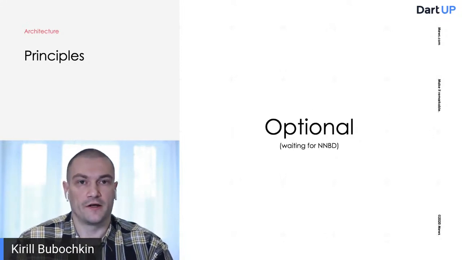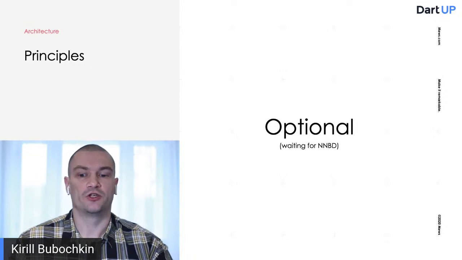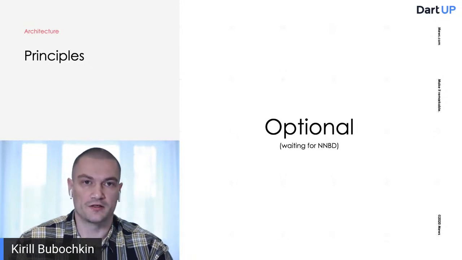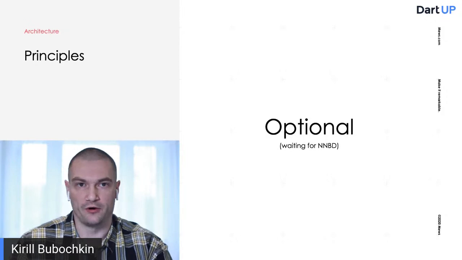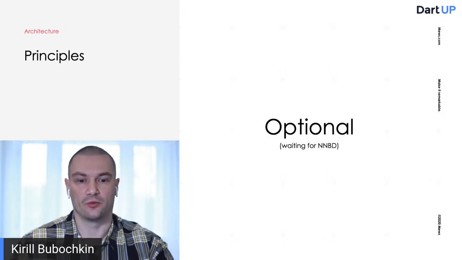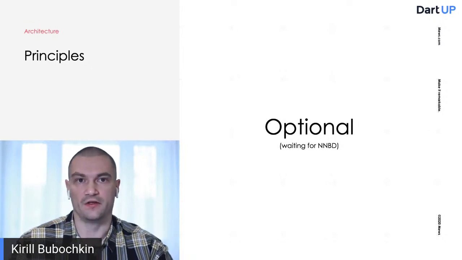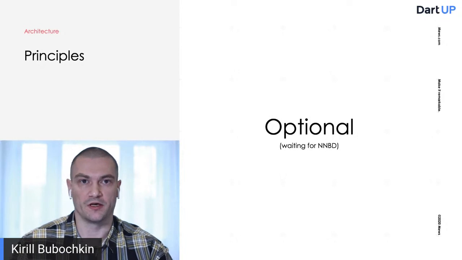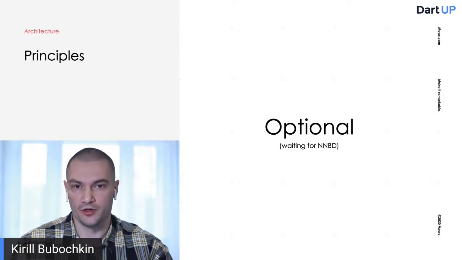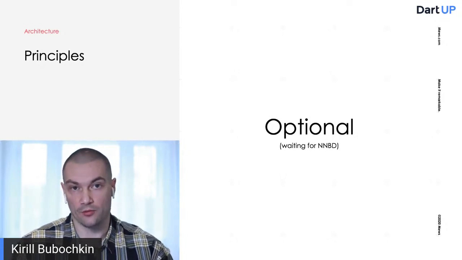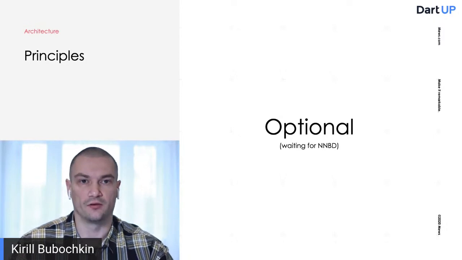And another principle, which I really hope is more a temporary hack than a ground principle, is because we don't have proper non-nullable types yet. Hopefully, it will be resolved soon. We will have proper support for non-nullability by default.